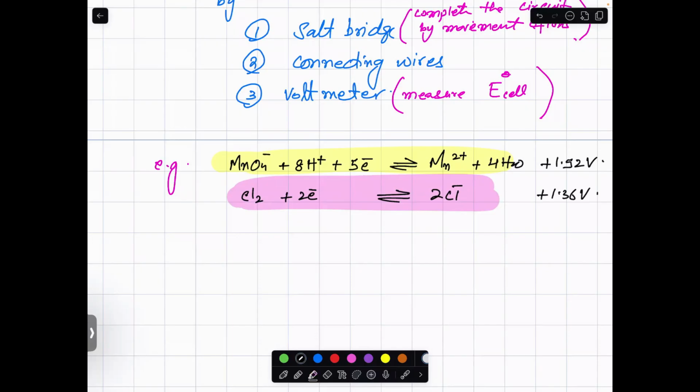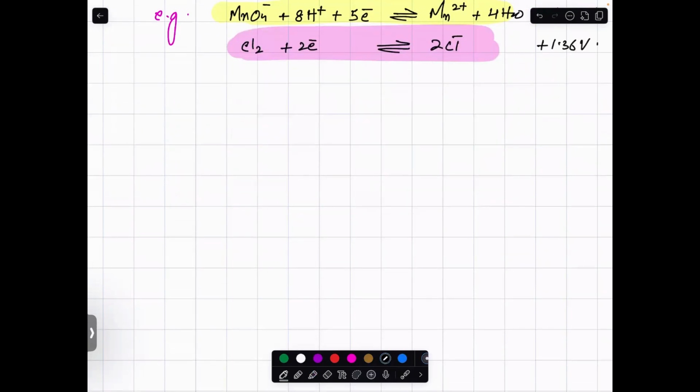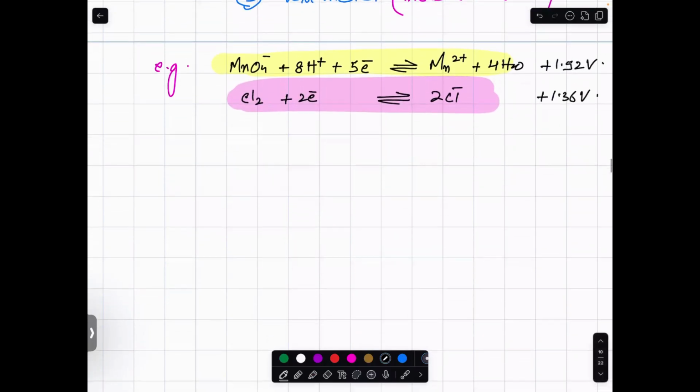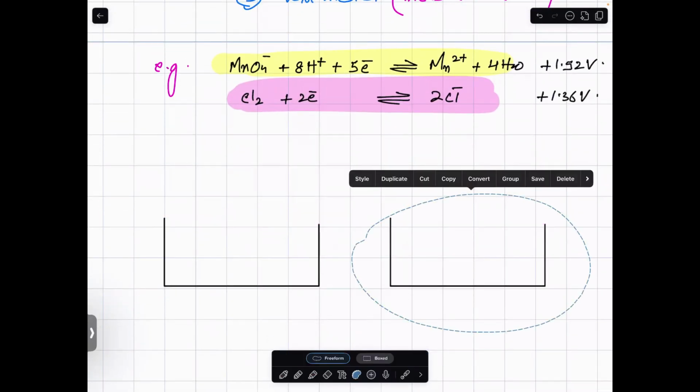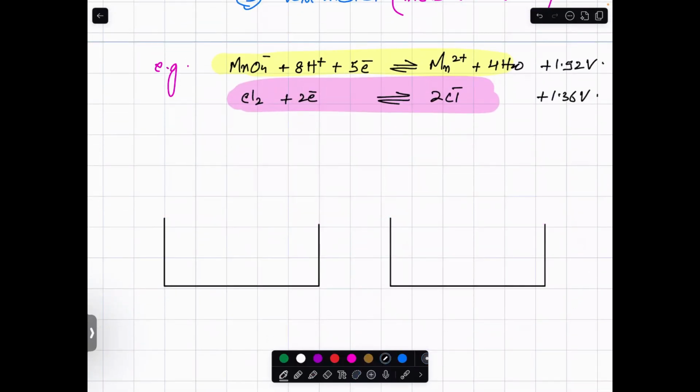How will you construct it? Come. This is another half cell. I'm drawing this for MnO4. This is platinum. These are ions. So what will you do?